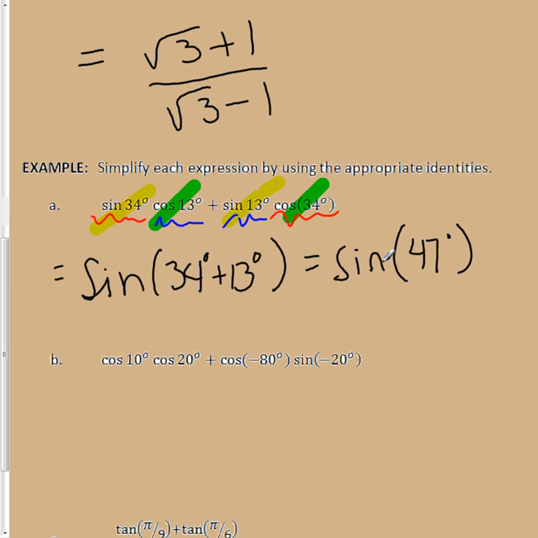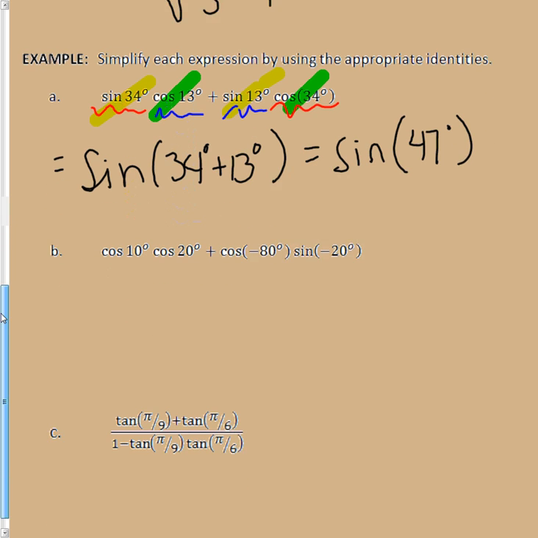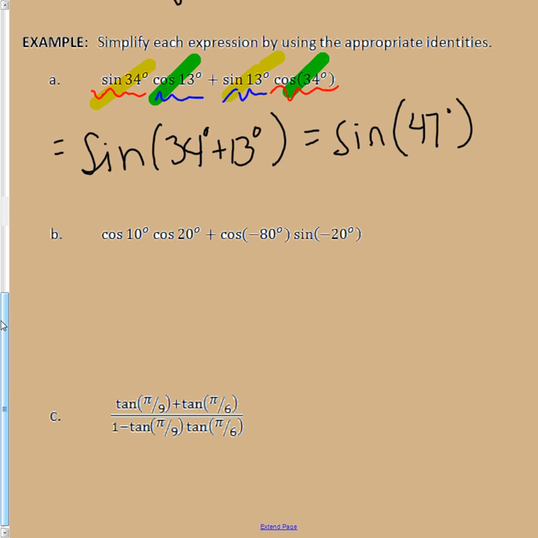Now as I take a look at B, B is just a little bit more involved in the fact that I've got to remind myself about some of the things I know about odd and even, and remind myself that if the cosine of beta equals some number, then my sine is going to be equal to the same thing, but it's going to be 90 minus beta.